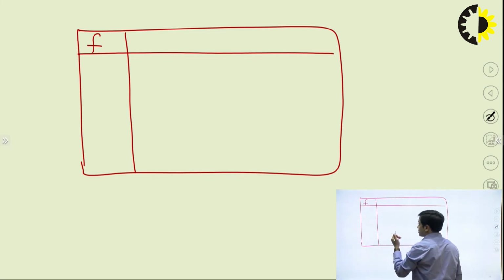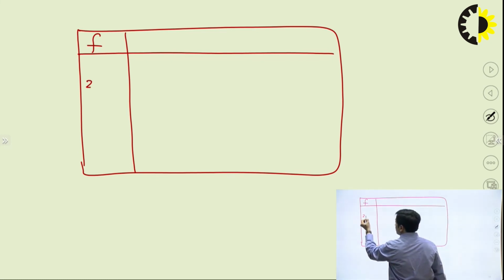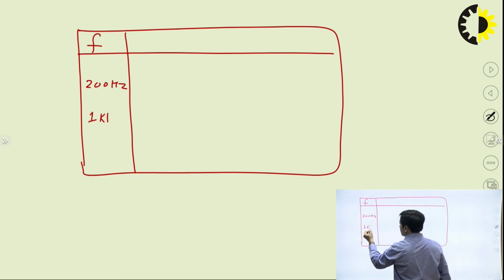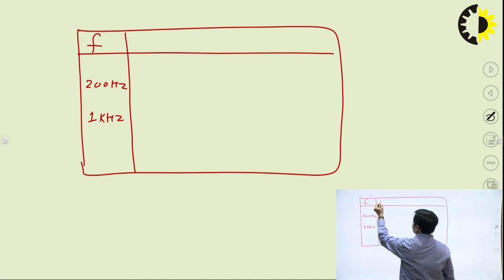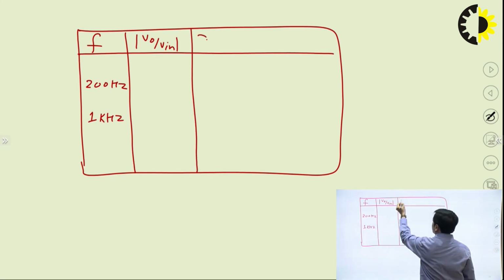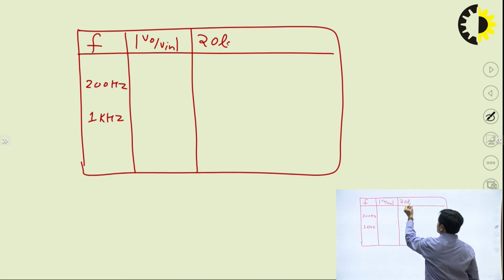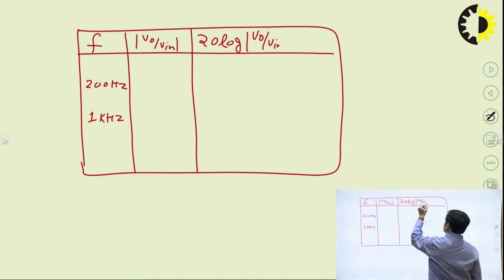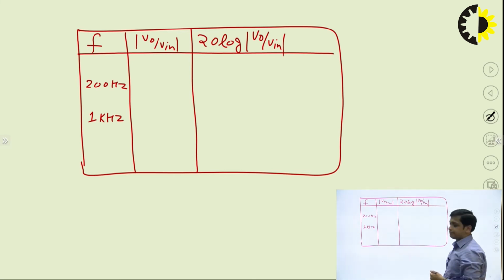And here in the question FL is given, that is 200 Hertz, and FH is given as 1 kilohertz. Now with the help of these frequencies we can calculate mod V0 upon V easily, and further we can convert this ratio into dB, that is 20 log mod V0 upon V.